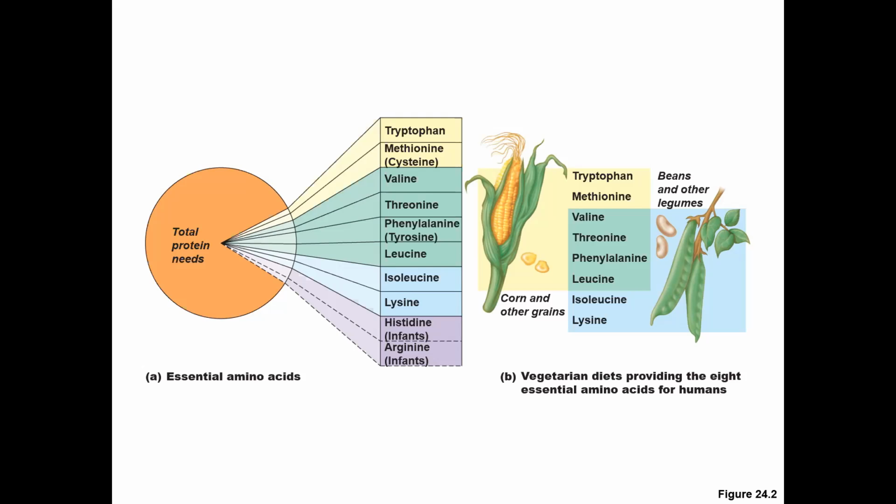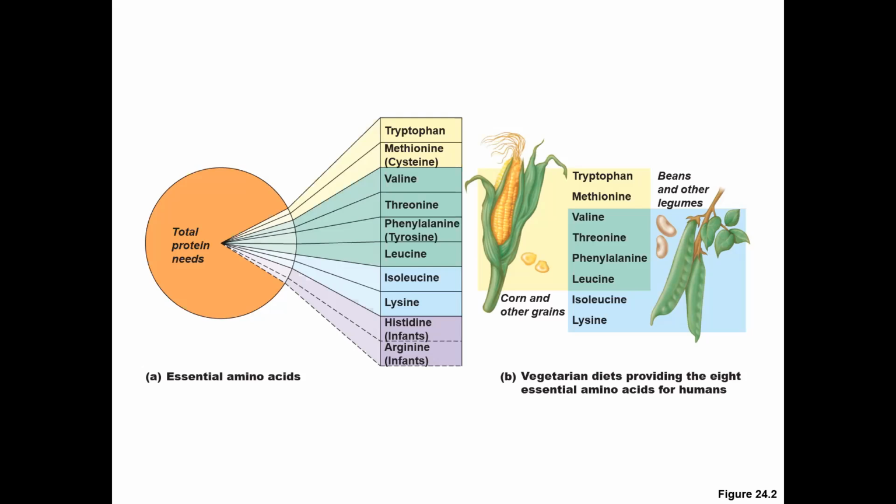Beans and corn, grains and legumes. Corn and beans, corn and peas, rice and beans, rice and peas. Whatever legume you're looking at, a pea plant or a bean plant.